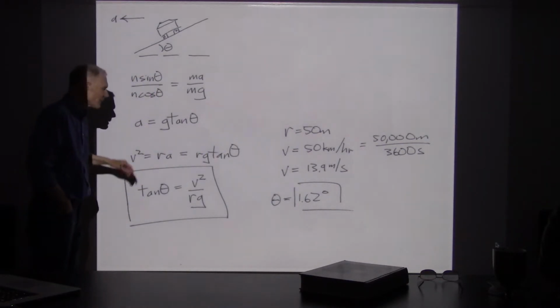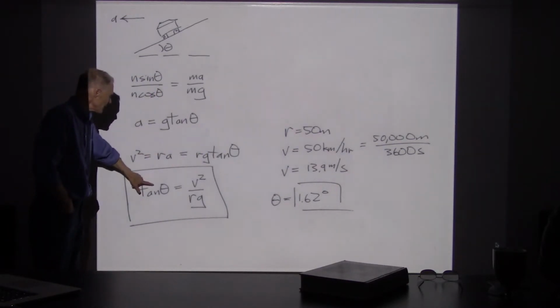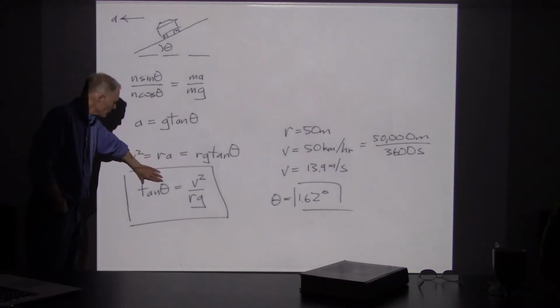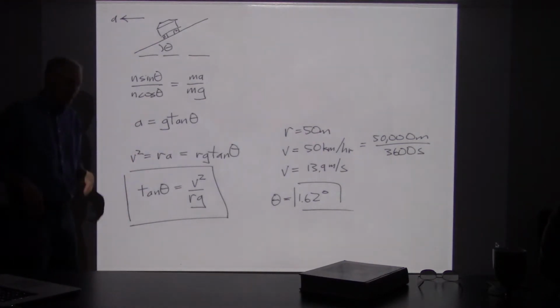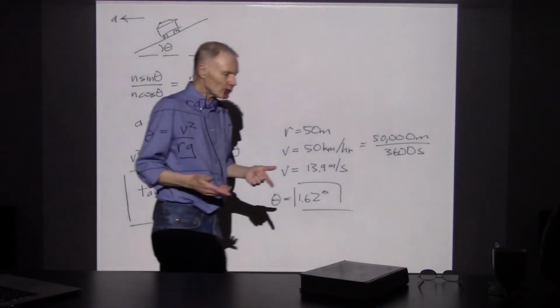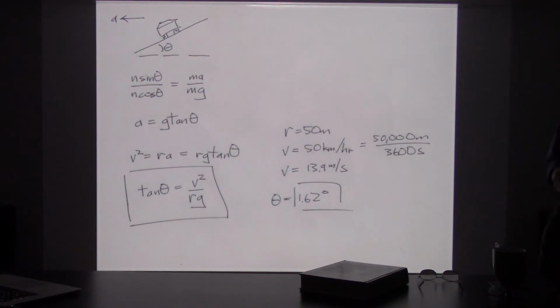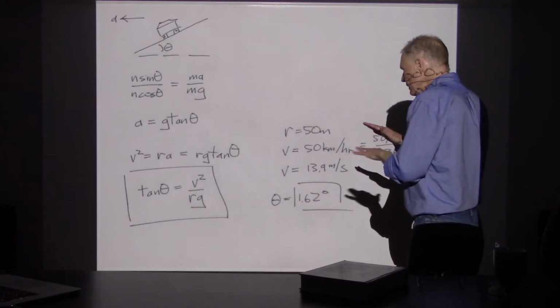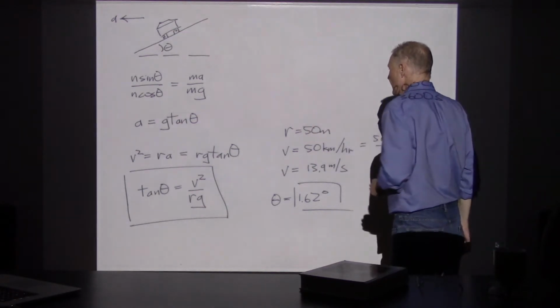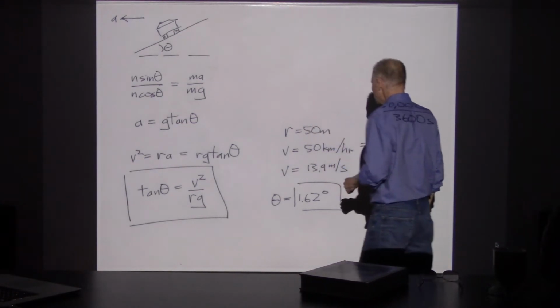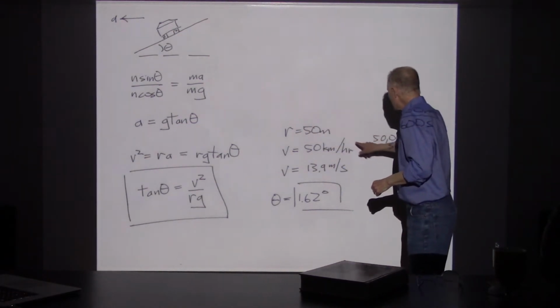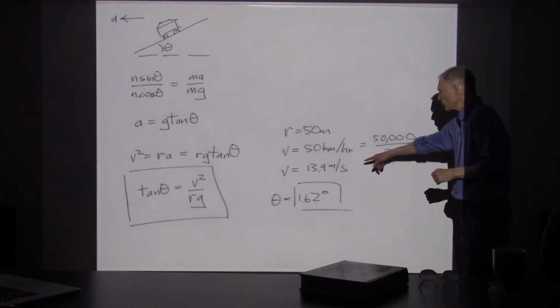And then finally, they ask about the banking angles. So I'm going to solve for tan theta and say the angle at which we would want a roadway banked in order to make it around the roadway without using any friction would be given by tan theta equals v squared over rg.